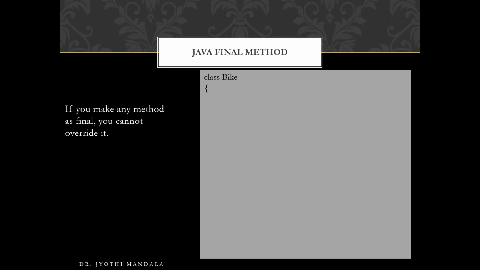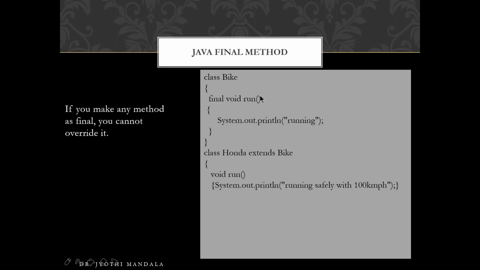Let us take a class called Bike, and in that Bike I have a method called run. Normally we write the method with a return type and the method name, and we write a statement. Let us say Honda is a class which is extending this Bike class. If there is no final keyword, then if the Honda class overrides this run method, it is okay, there is no problem.